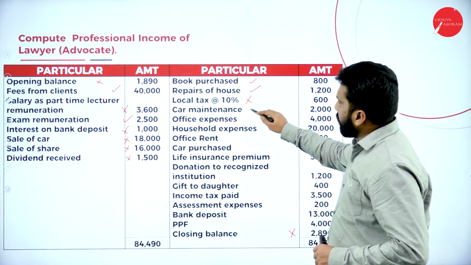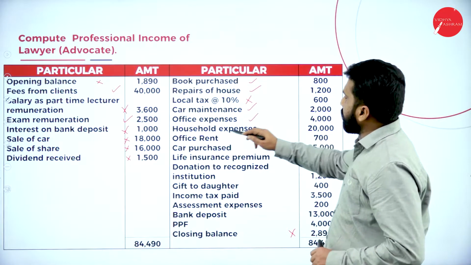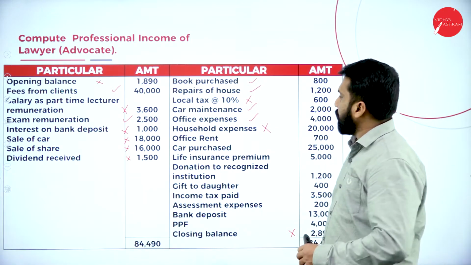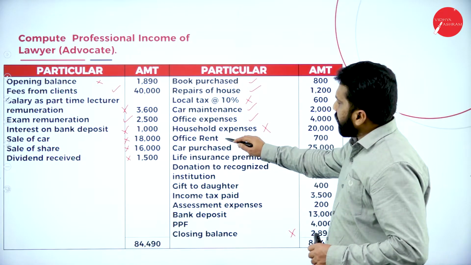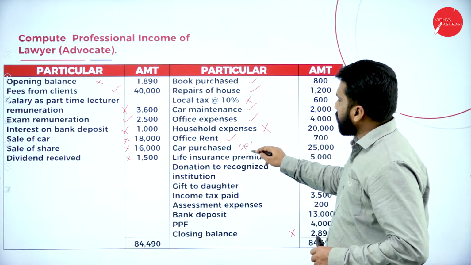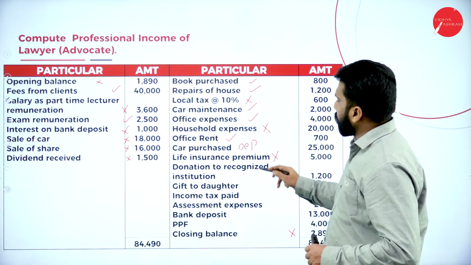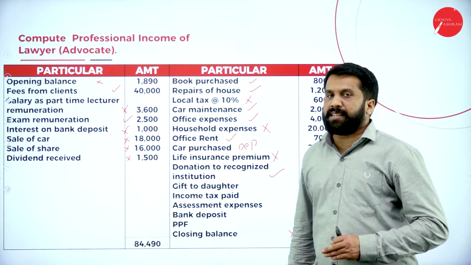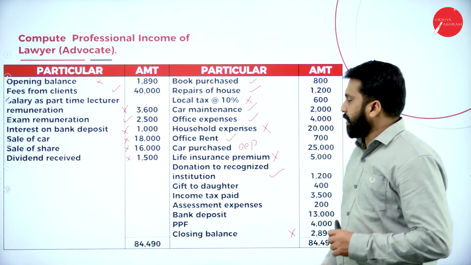Car maintenance, yes. Office expense, yes. Household expense, no. All the personal expenses we will not consider. Office rent, yes. Car purchased, only depreciation. Life insurance, no. Donation to a recognized institution, yes. Recognized in the sense legally related.